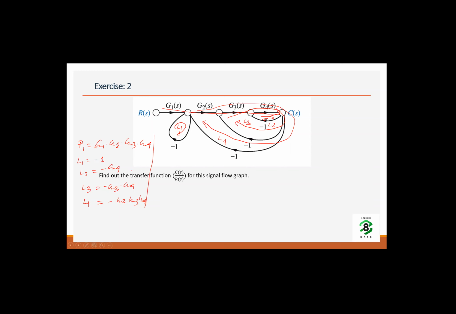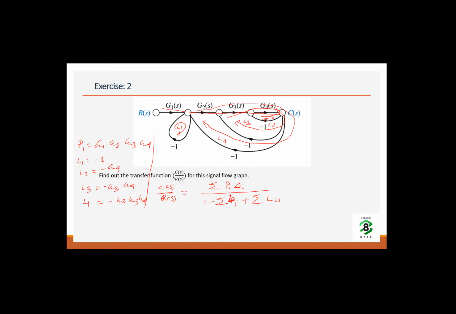Now I will write the Mason's gain formula, which says C(s) by R(s) transfer function can be given as summation of forward path gain into delta i, divided by 1 minus the sum of all individual loop gains, plus the sum of all combinations of two non-touching loops.